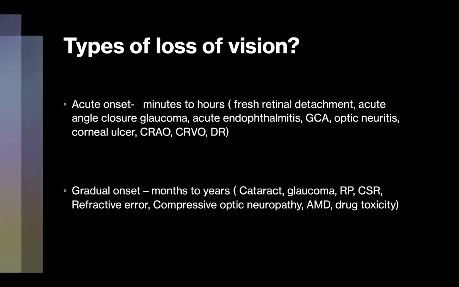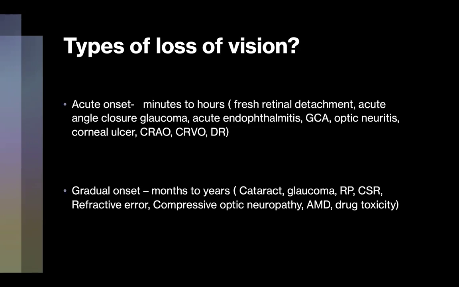Corneal ulcer, central retinal artery occlusion, central retinal vein occlusion. Diabetic retinopathy can be acute, but remember, usually diabetic retinopathy is gradual. It can give rise to acute loss of vision if it develops a vitreous hemorrhage inside the eye.